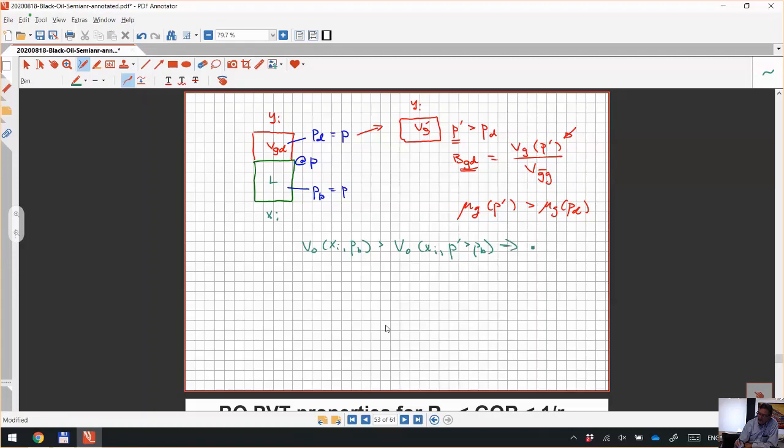That's going to affect the BO at P prime, even though it's the same composition. Likewise, the oil viscosity will be different here as well. So I think that answers the question.